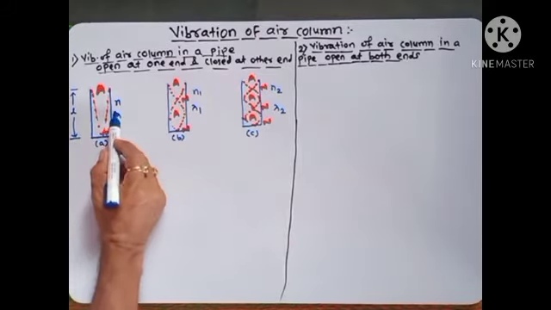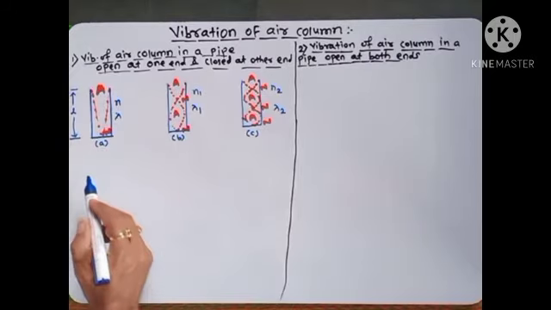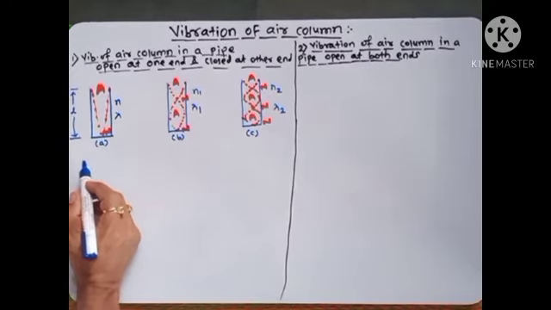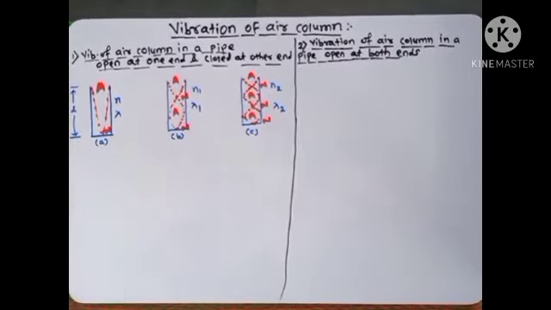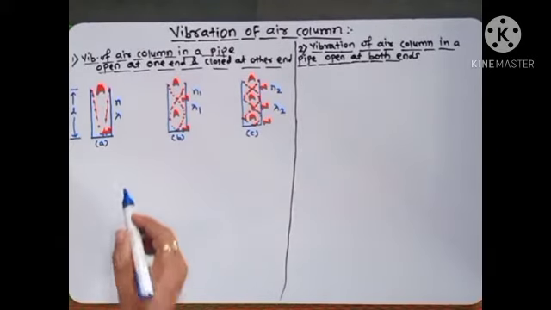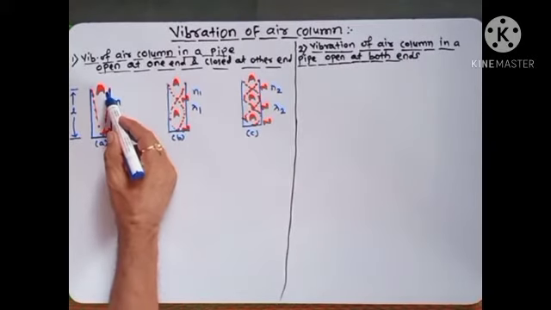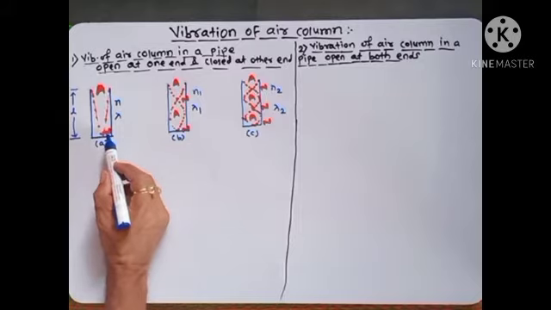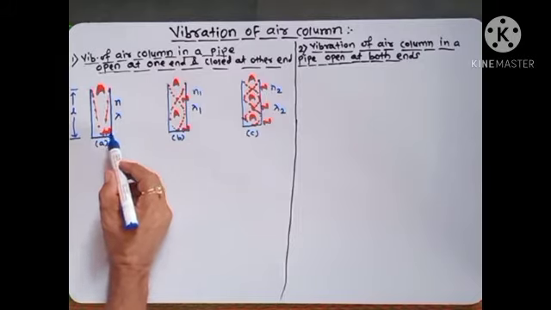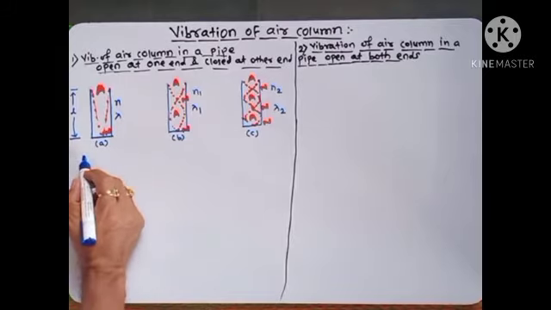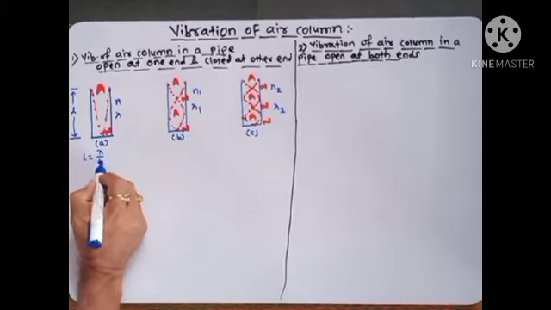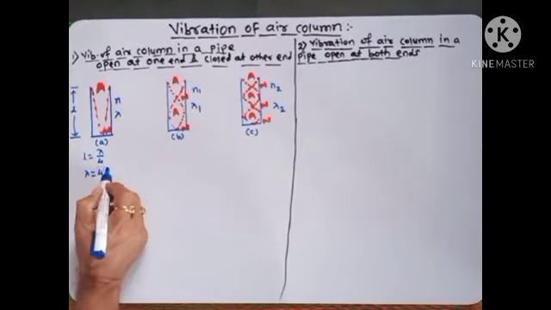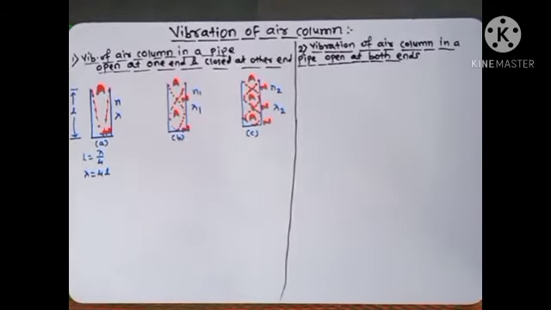The relation between these we get here is a half loop. Half loop means one antinode and one node, and length of the half loop is always a quarter of the wavelength. Therefore I will write here, L is equal to lambda by 4, or lambda is equal to 4L.